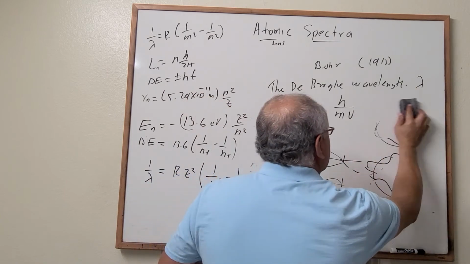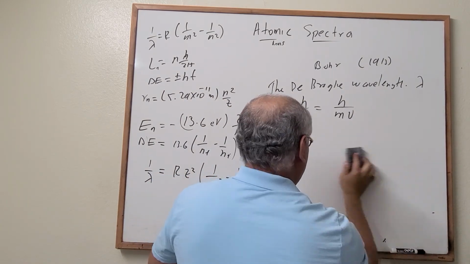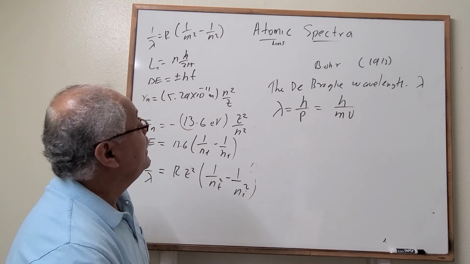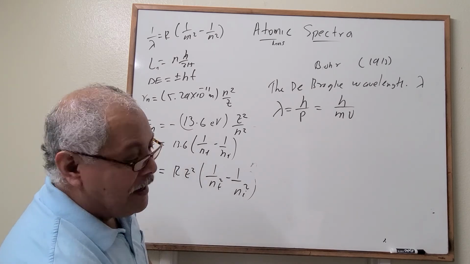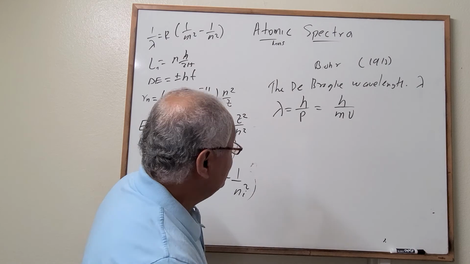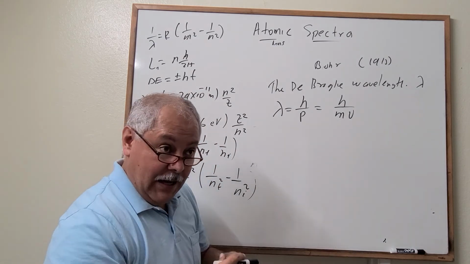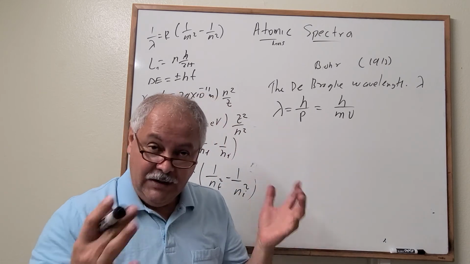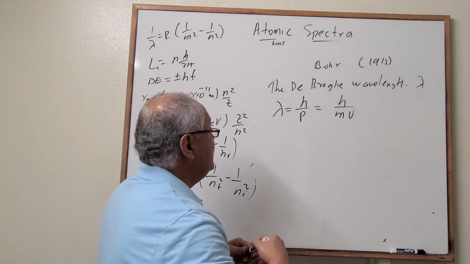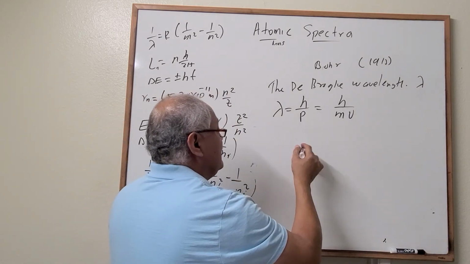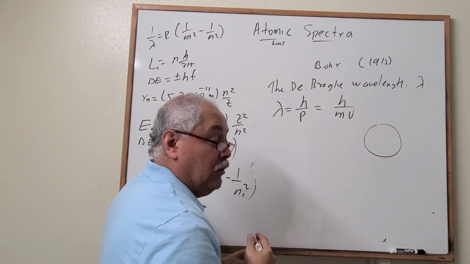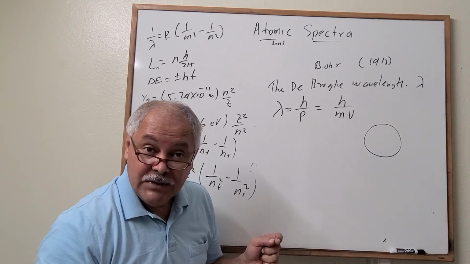Now let's continue this analysis. This is the de Broglie wavelength lambda. We mentioned that the electron must produce standing waves because it behaves as a wave, which means the total path must be equal to a whole number of wavelengths.